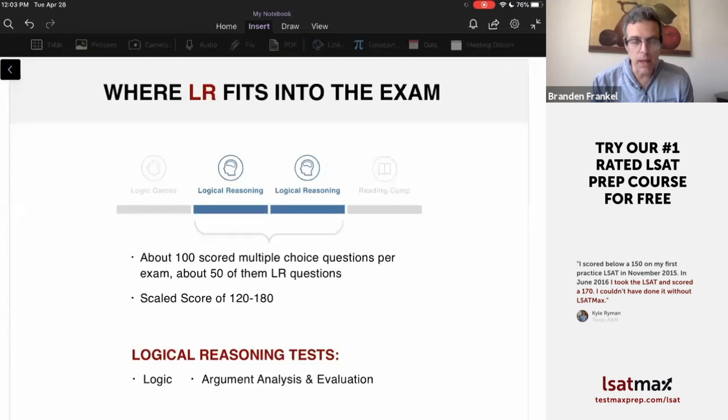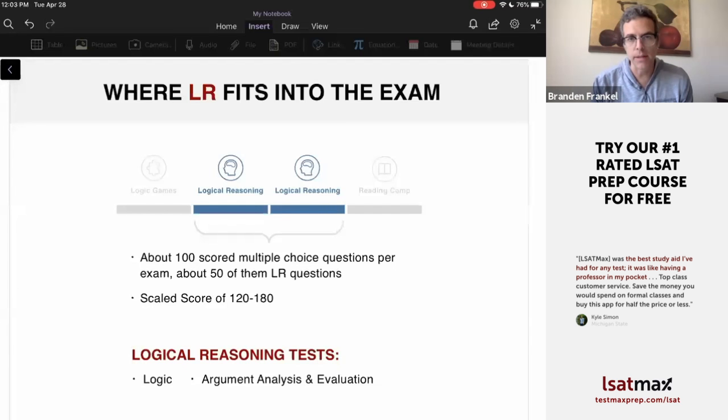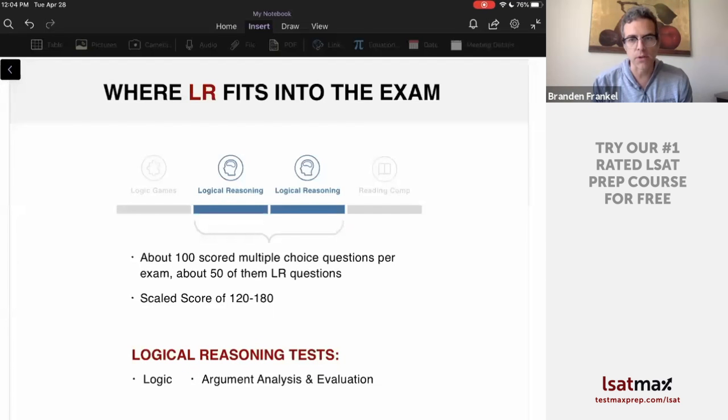Now, the way that LSAT Flex works is that you're going to take it at home at a desktop or laptop computer. You'll be monitored by a remote proctor who's watching you through your webcam, listening to you through your microphone. And that exam is just 3 35-minute sections.